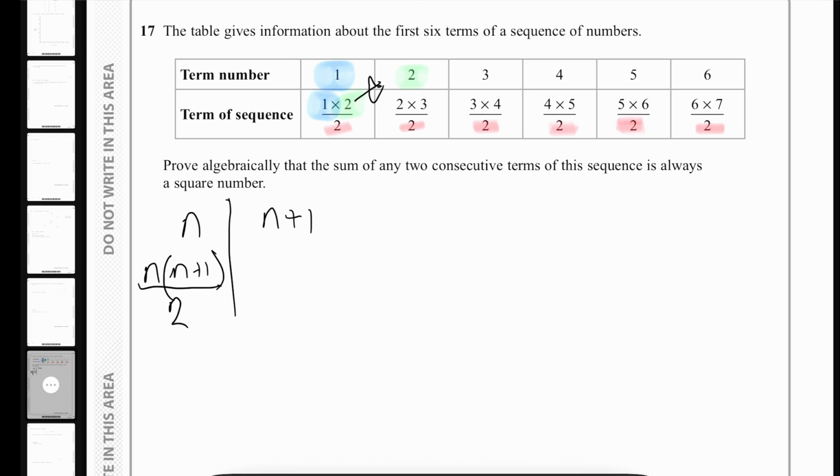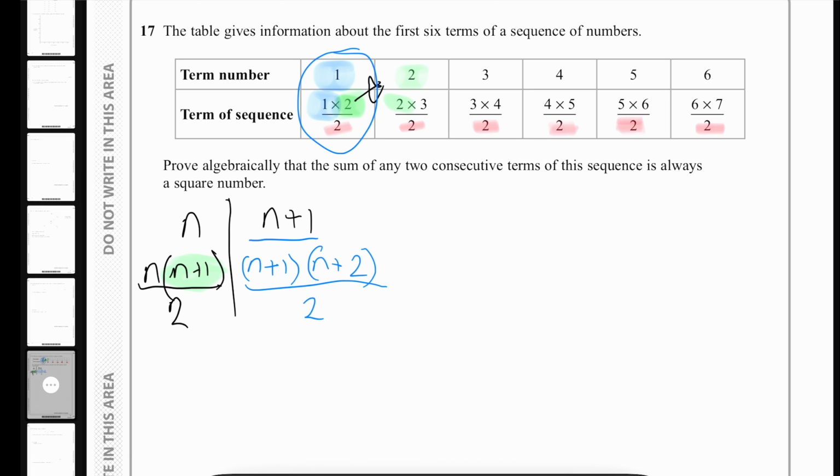Okay, then if I have a look at my next term, so now I'm going to be looking at my n plus 1, that would just now be this, which you can see there is my starting number, n plus 1, multiplied by going from this piece over here, n plus 2, and that all divided by 2.